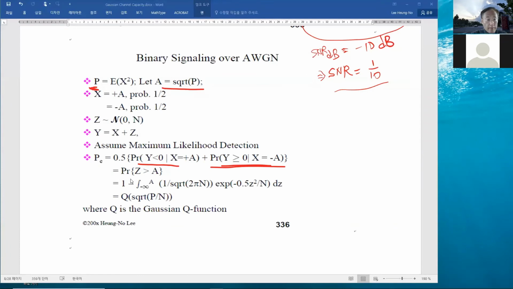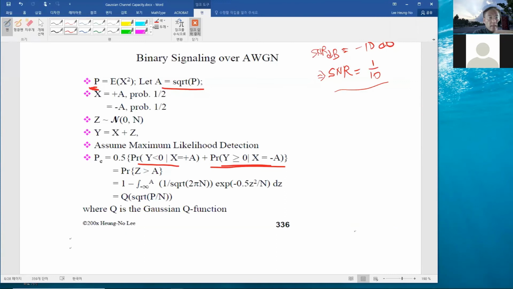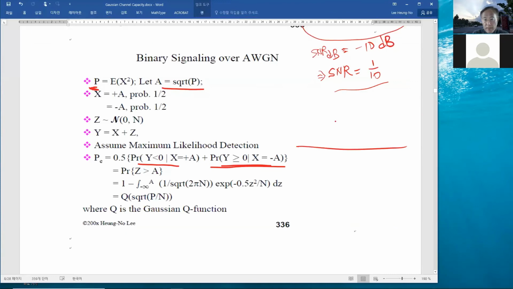So we can draw a picture. Basically, this probability can be described as follows. That's the normal Gaussian distribution with mean 0 and variance N, right?